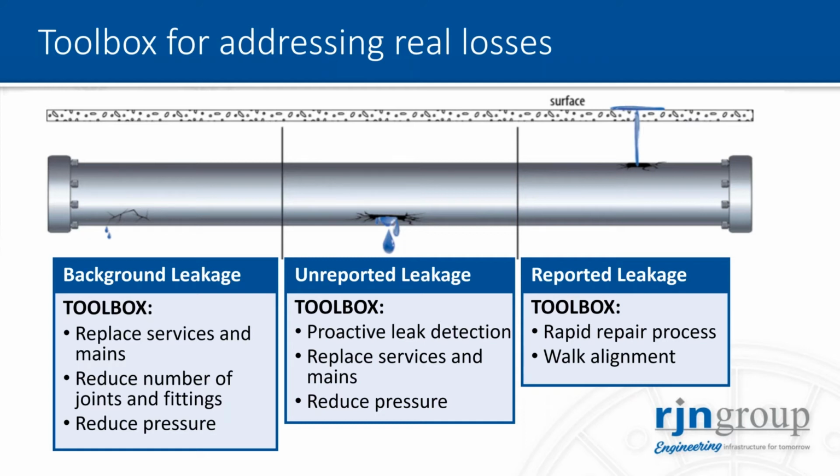We're still evaluating the efficacy of that. There has been some success using satellites to find background leakage, but there also have been numerous false positives that we're evaluating. But at least today, replacing services and mains can be very effective here, trying to reduce the number of joints and fittings, as well as reducing pressure.